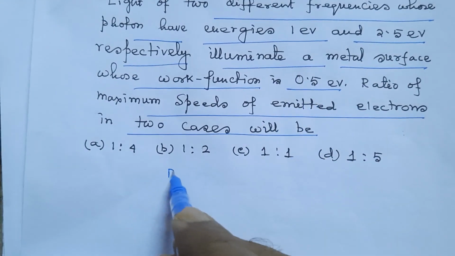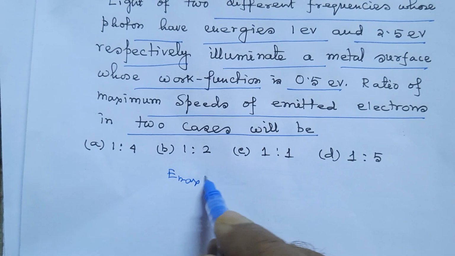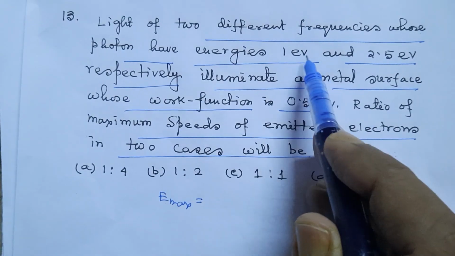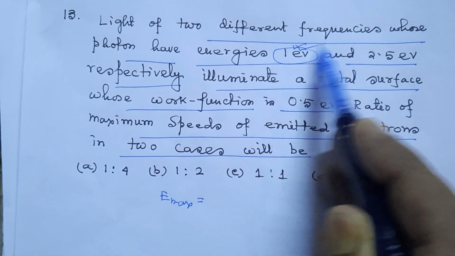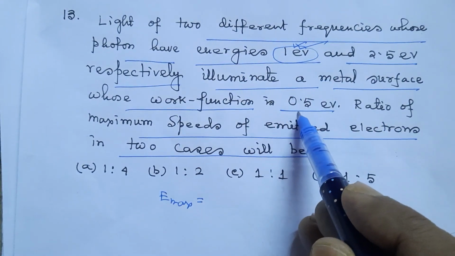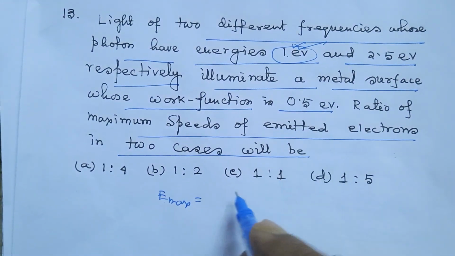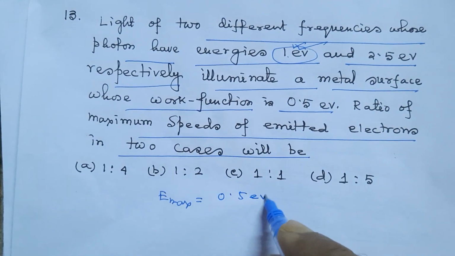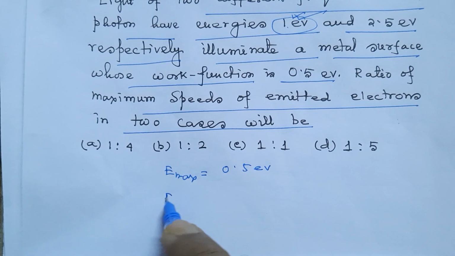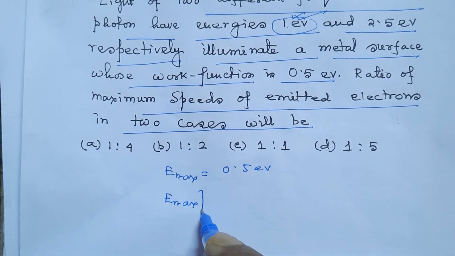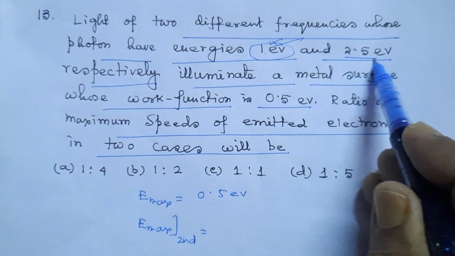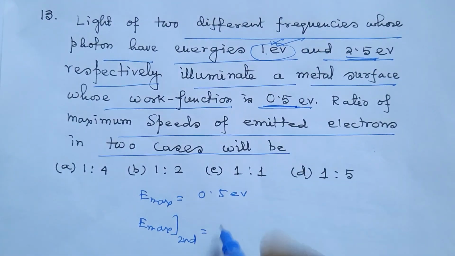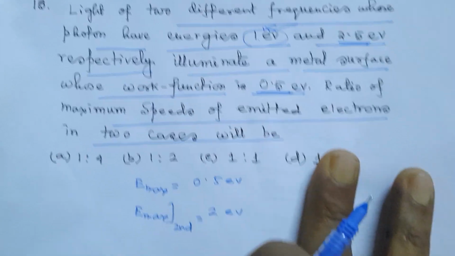So, the kinetic energy of the electron in the first case is the difference between the incident energy and the work function, that is 1 minus 0.5 equals 0.5 electron volt. E max in the second case is the difference between 2.5 electron volt and 0.5 electron volt, that is 2 electron volt.